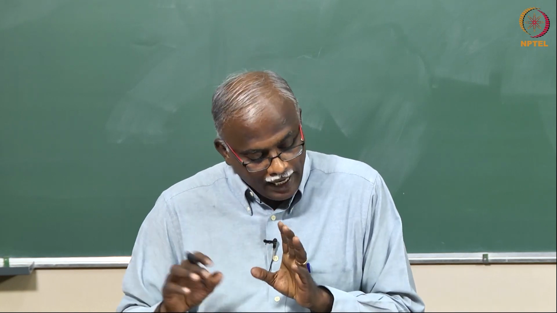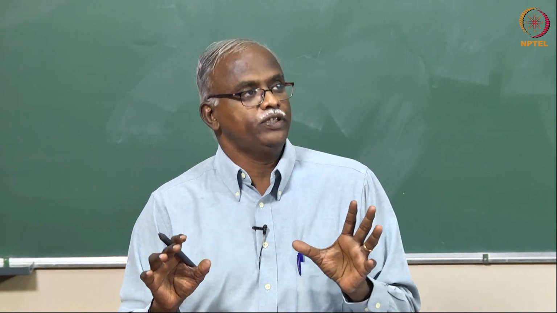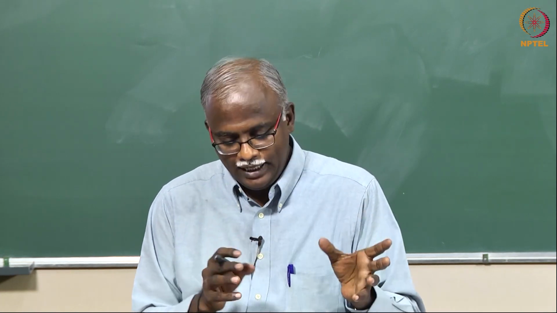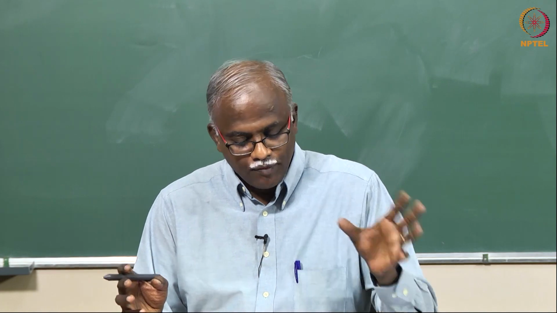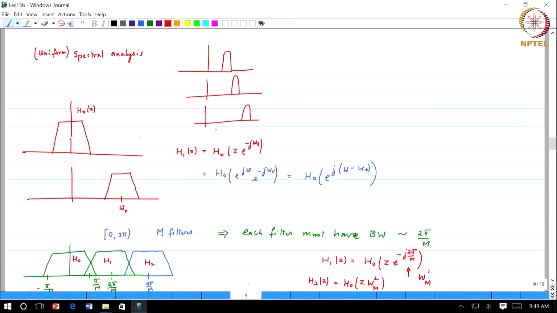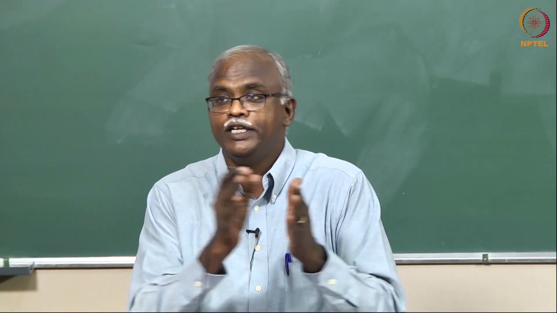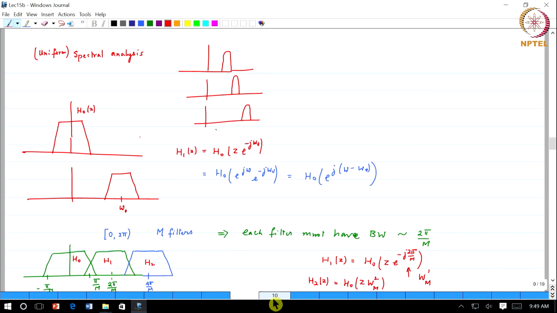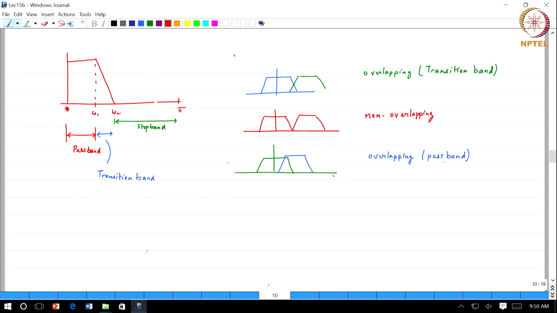So we have covered several concepts in today's class. We have introduced the notion of filter banks, analysis filter banks and synthesis filter banks. We have shown that the relationship between the filters is such that you want to cover the entire spectrum, and invariably it is done through shifted versions of the original spectrum. If you want a set of m filters, each of them will cover 2 pi over m.